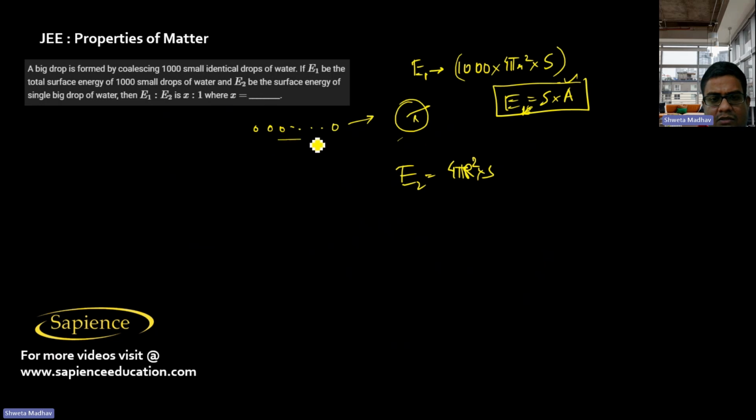So now here the mass should be conserved. Since their density is same, we can say the total volume of the system will be conserved.